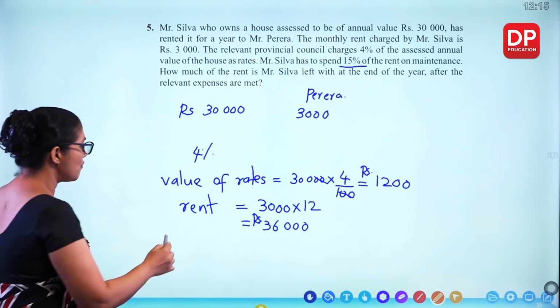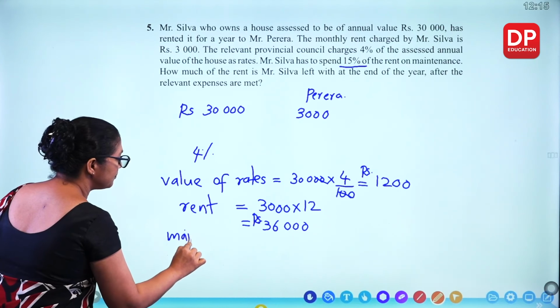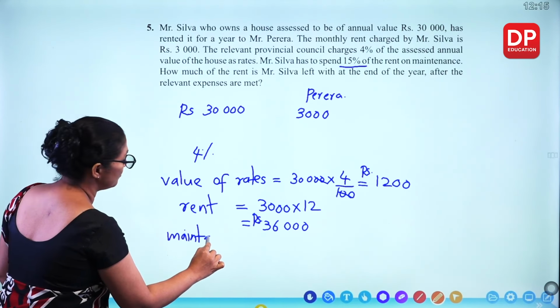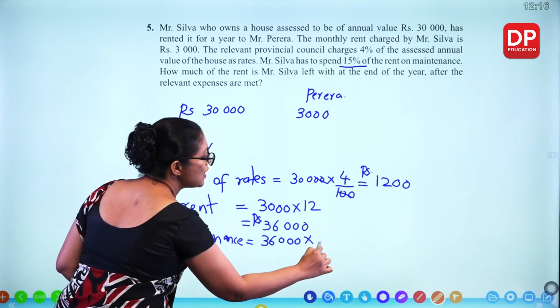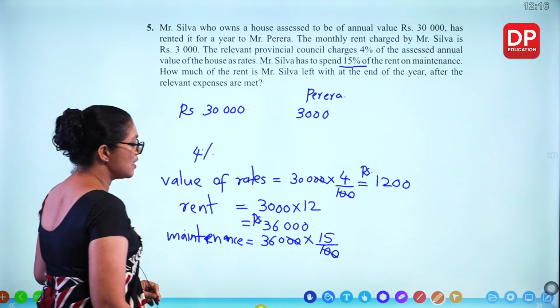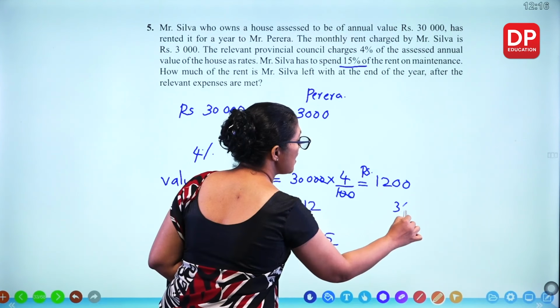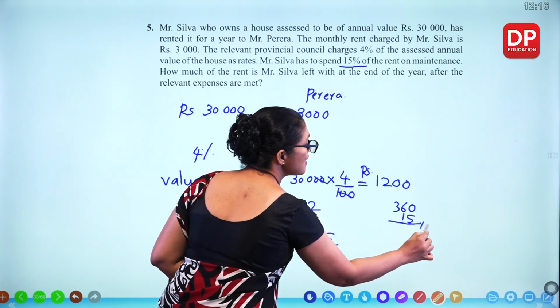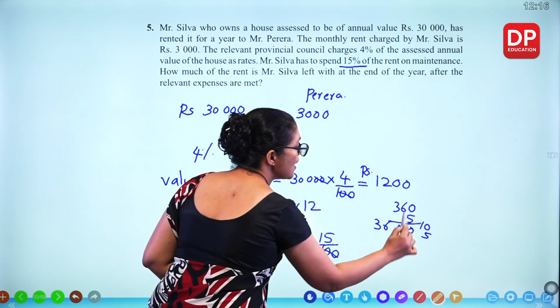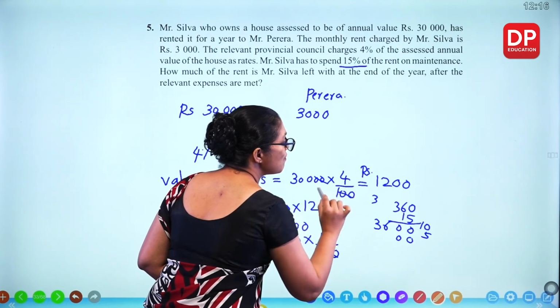So what's the value for the maintenance? For the maintenance you have to pay 15%. So 36,000 into 15%. 2 zeros get cancelled out. 360 multiplied by 15. 10 and 5. 5 times 0, 5 times 6, 30. 15 plus 3, 18.